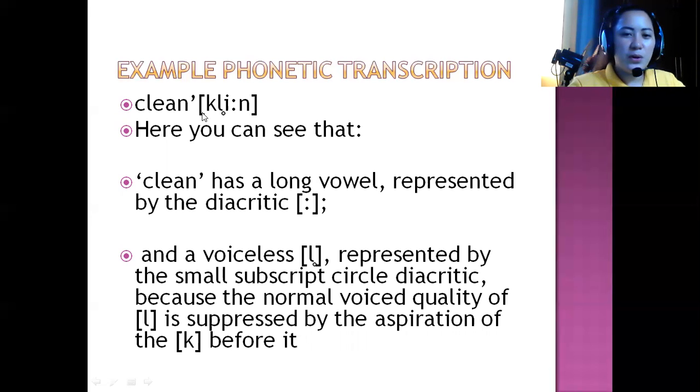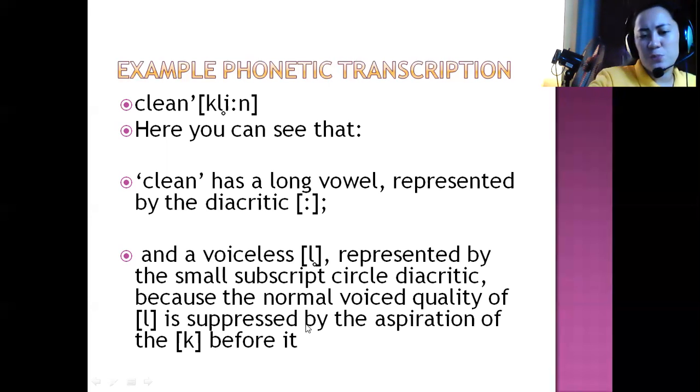So instead of producing this as an L, it's no longer L, it's already voiceless, like clean. There is a little effort in this sound L, clean, relaxed. That's why there is a small subscript circle diacritic, because the normal voice quality of L is suppressed by the aspiration of K before it.